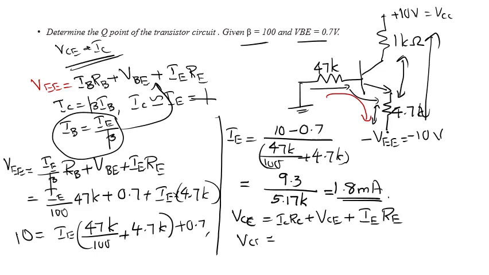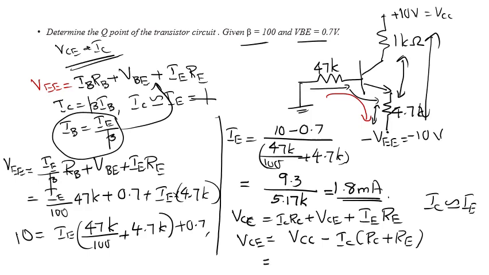So VCE equal to VCC minus IC into RC plus RE. Again we are taking IC is approximately equal to IE. So combining this one and taking to the left hand side.